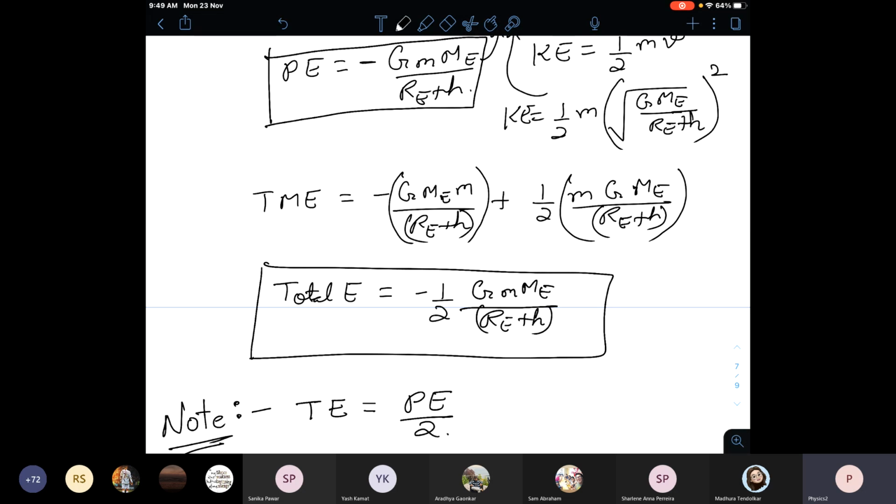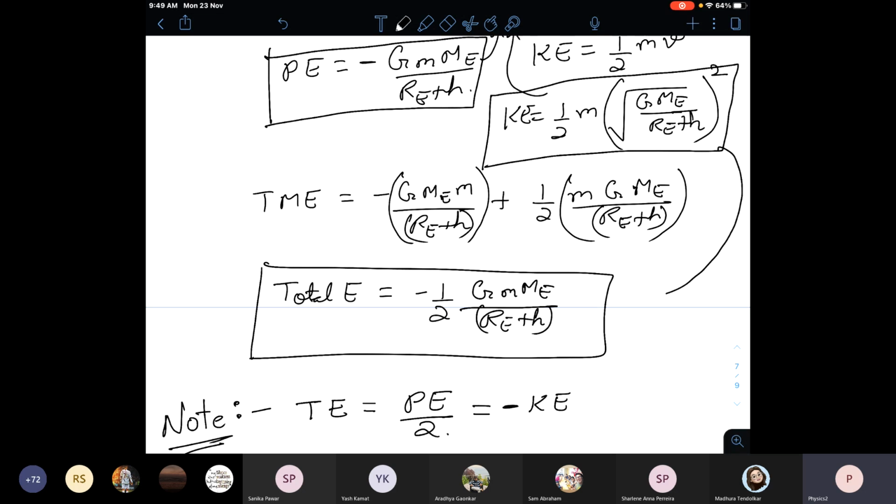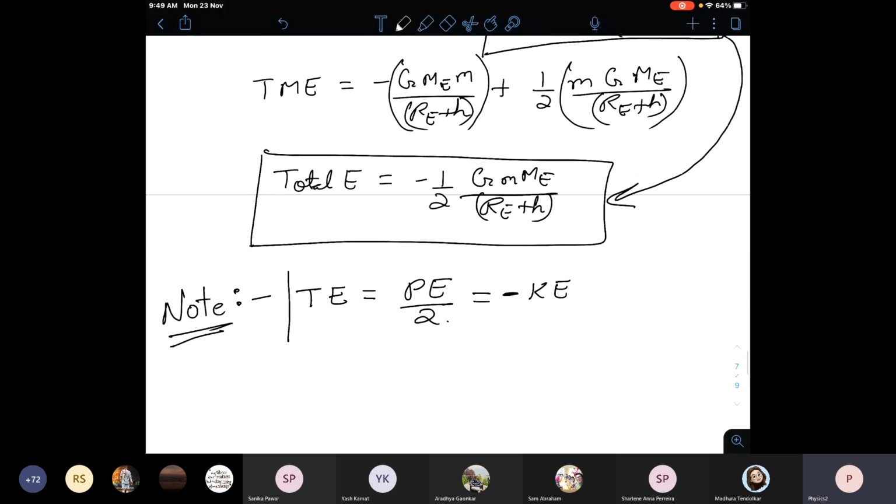And if you are talking about kinetic energy, just see the formula for kinetic energy over here. You can write this as negative of kinetic energy. If you just multiply kinetic energy with a minus sign, you will be having exactly this formula. So this is a very important result for any satellite.